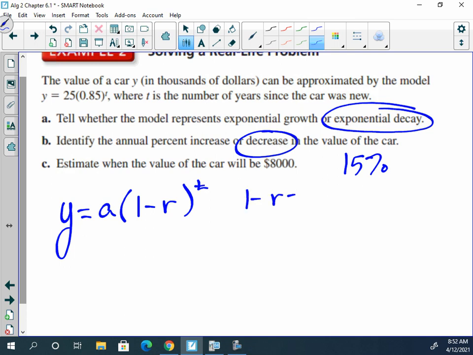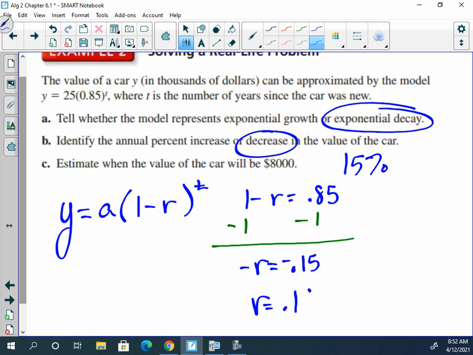Well, our 1 minus r is equal to 0.85. If we subtract 1 from both sides, we get that negative r is equal to negative 0.15, or that our rate is 0.15.